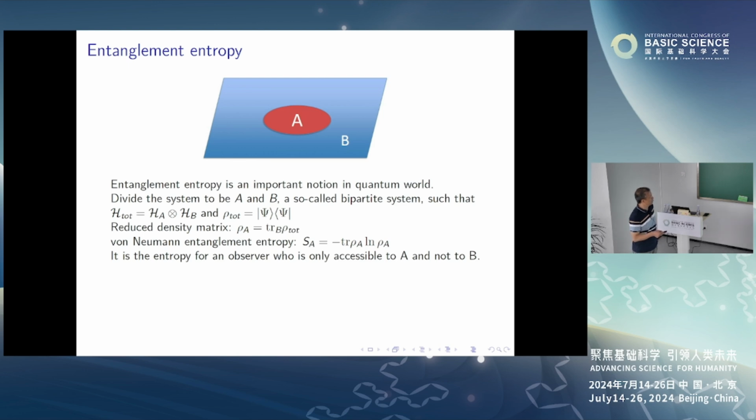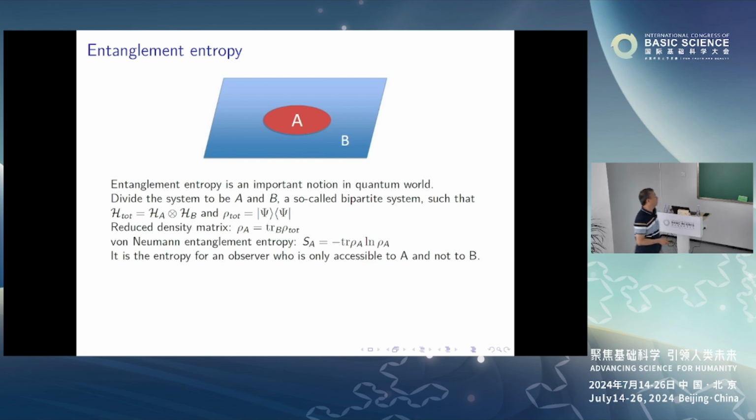After tracing over all the degrees of freedom in subsystem B, we get a reduced density matrix, rho A. Then we define entanglement entropy as the von Neumann entropy of this reduced density matrix. So this is the basic definition.